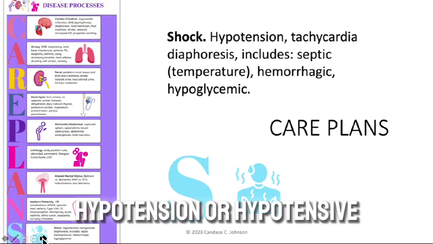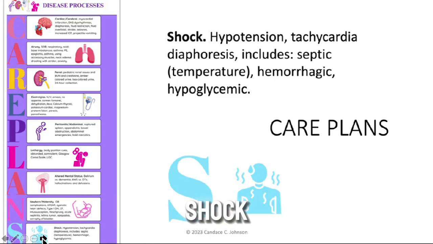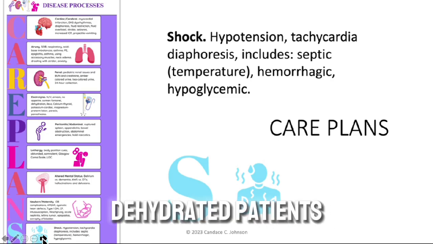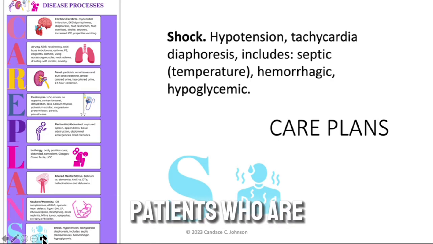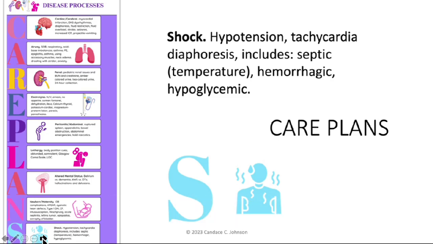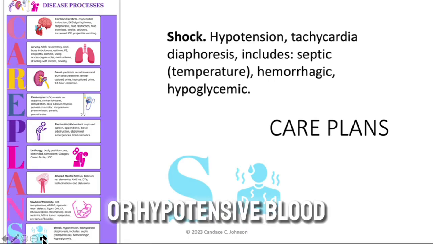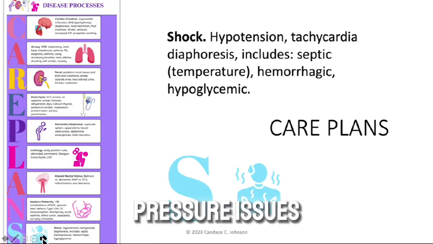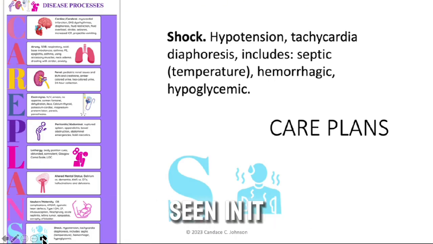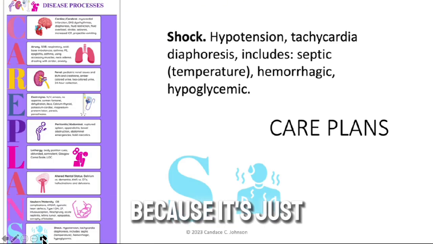All right, hypotension or hypotensive shock. That could be seen in your dehydrated patients. That could be seen in your patients who are going through hypotensive blood pressure issues. It could really be seen in any kind of patient.